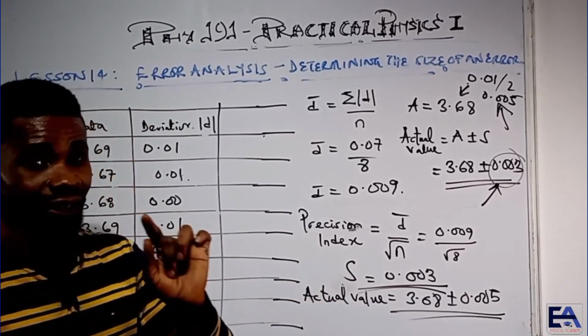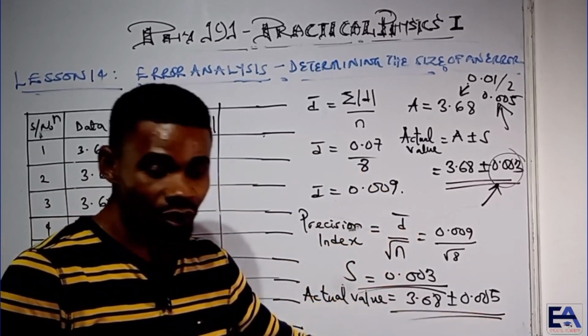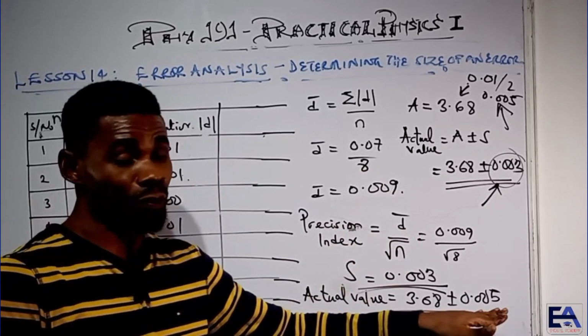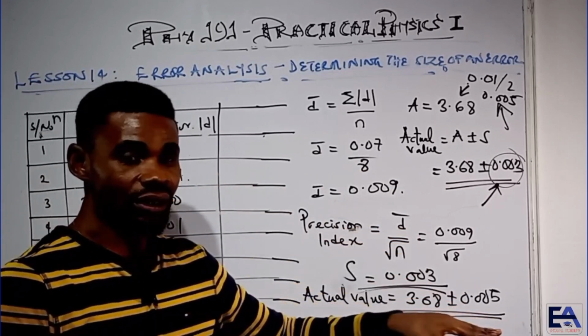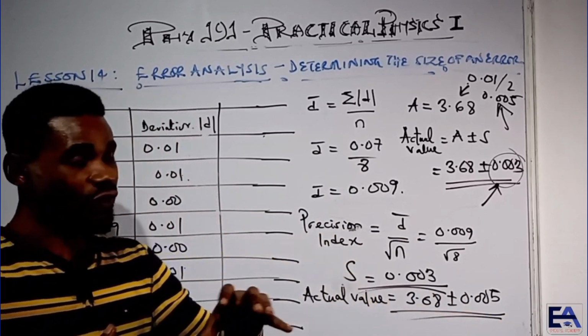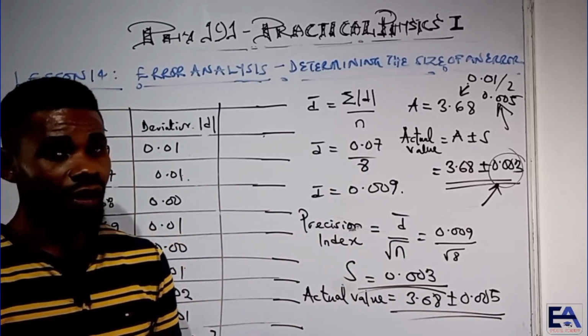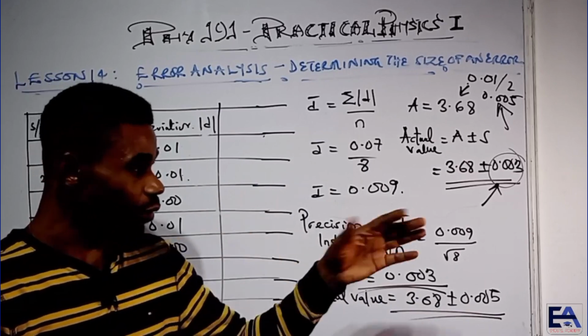The reason why we choose the one with the highest value is just to give enough space or enough gap for the possibility of error. So we look at the one that is bigger among the two.